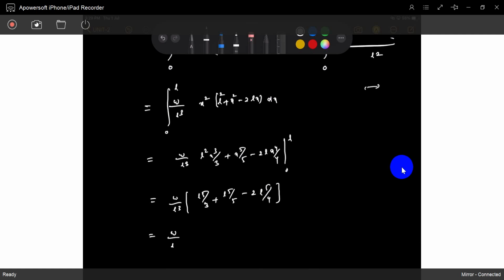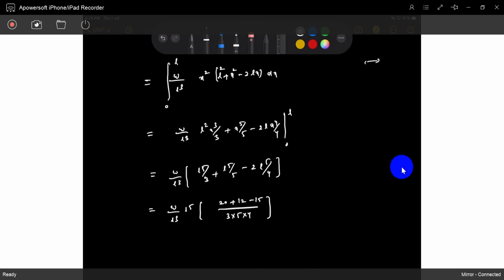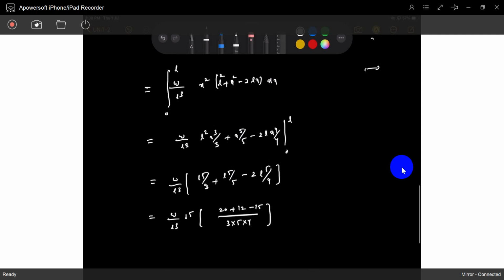L power 5 times 1 by 3, 1 by 4, 1 by 5. 3, 4, 5 gives 60: it's 20, 12, 15. So 20 plus 12 is 32, minus 30.